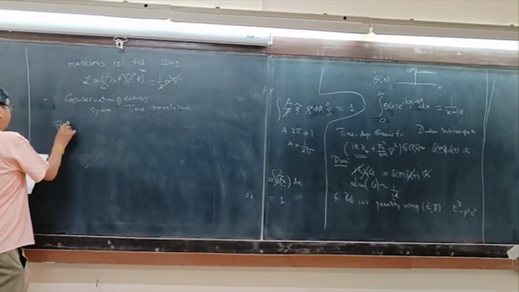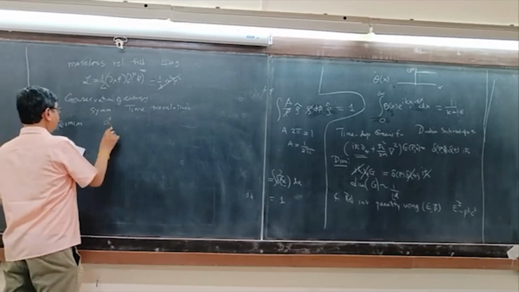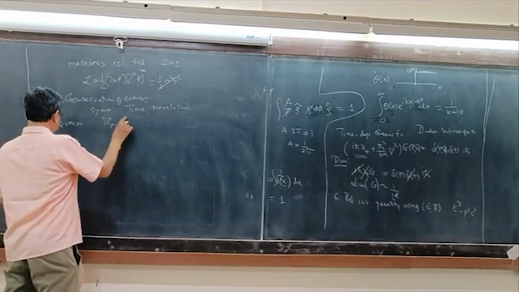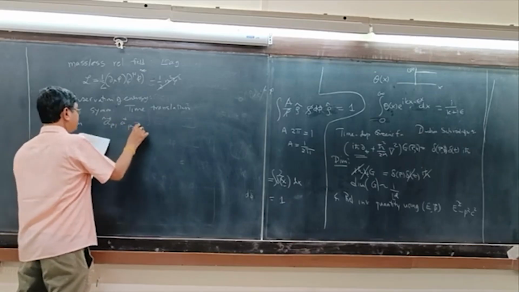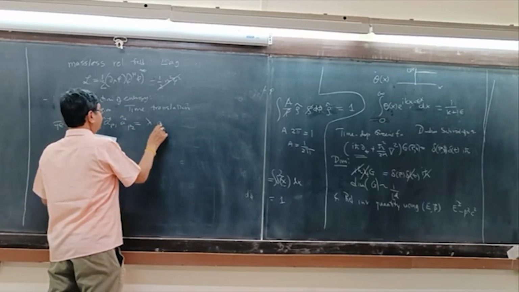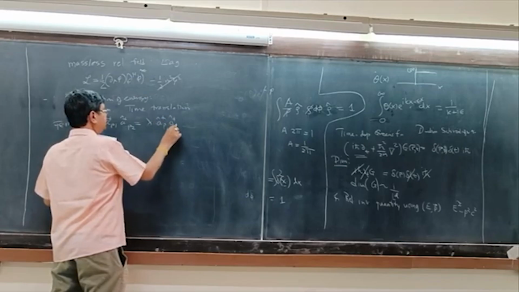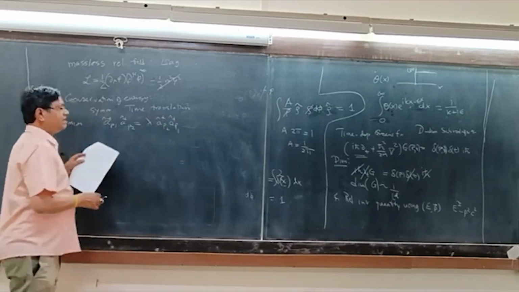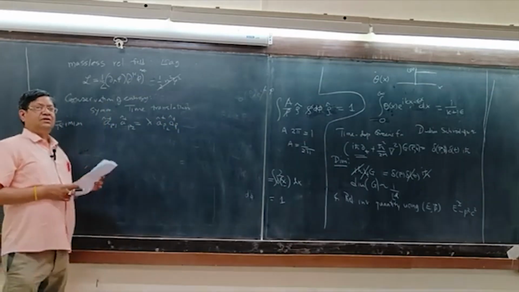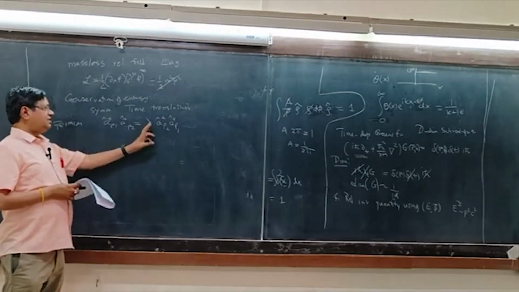Now fermions. So fermionic operators: a dagger p1, a dagger p2 equals lambda times a dagger p2, a dagger p1. So what's the value of lambda? Minus 1.